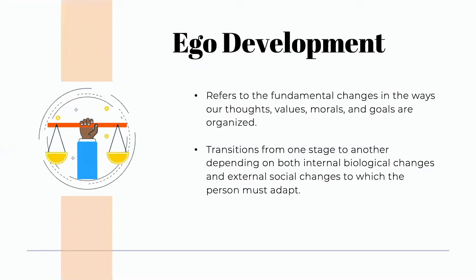So one way to think of ego development can be the way that we look at our self-esteem. So possibly when you're younger, your ego is based on those things that you value a lot and the goals that you're trying to achieve. So maybe for a teenager, their ego is focused on, let's say, dating, or how popular they are in school, or what type of clothes they wear, or what type of car they drive.